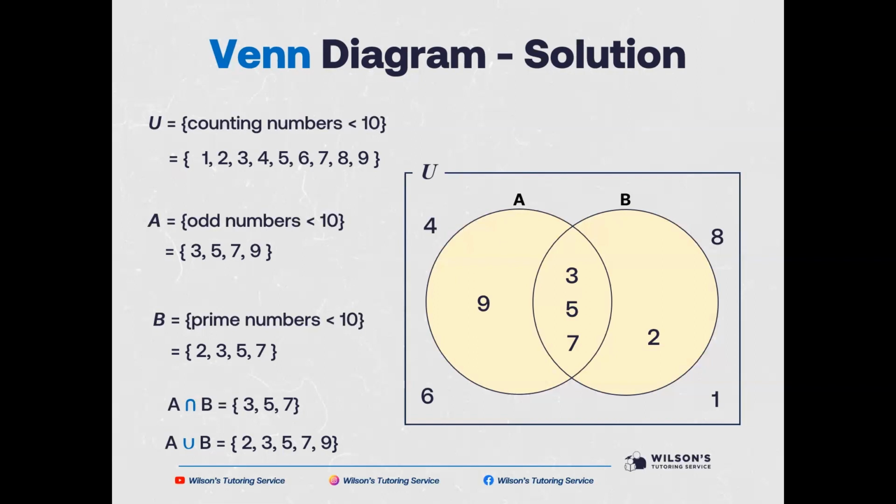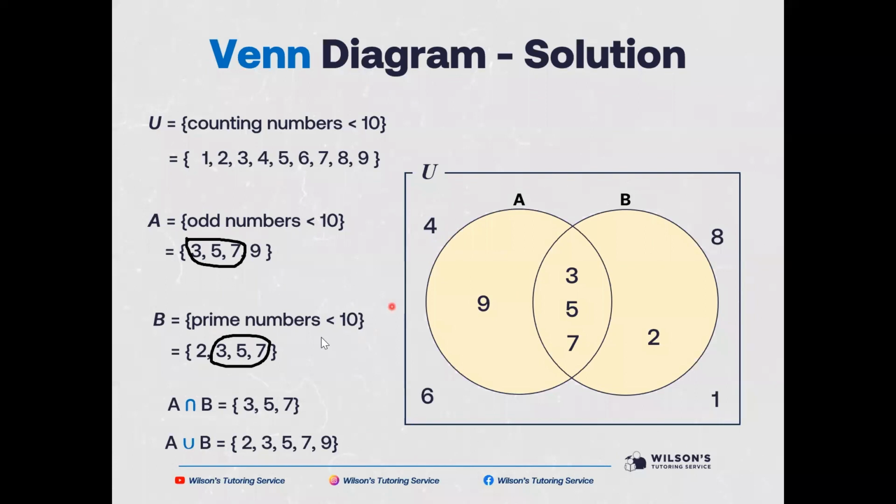And the prime numbers less than 10, which are the elements of set B, are 2, 3, 5, and 7. If you look over on the Venn diagram, you'll notice that for the intersection, we wrote the numbers 3, 5, and 7 because these numbers are common to both sets.